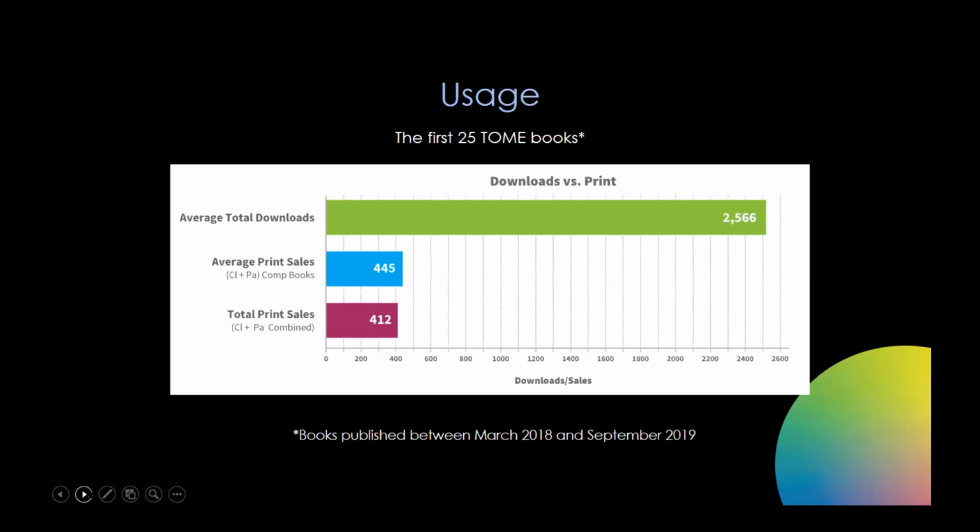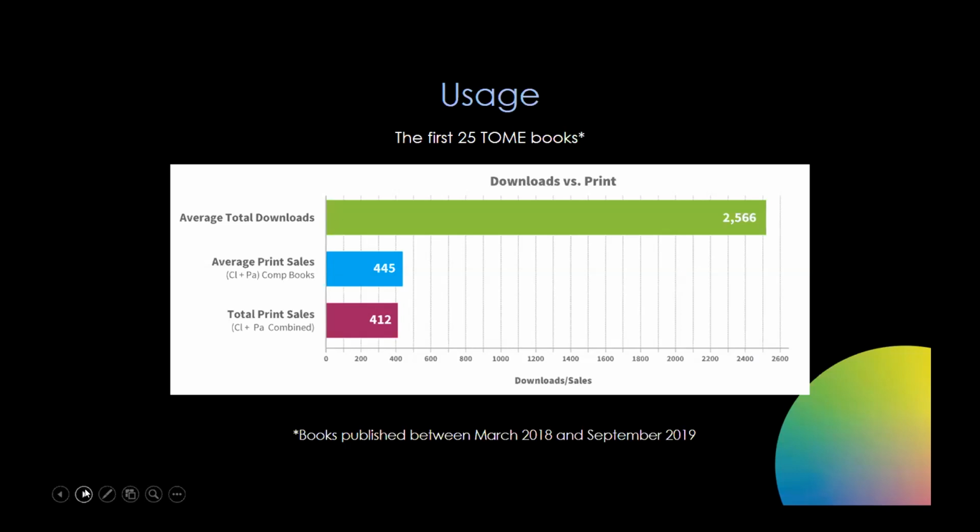So the books on average are getting over 2,500 downloads, and the print sales are averaging around 400 or 445. And that bottom line is what the average comparable sales are for books that are non-OA. So there's a slight dip in the number of sales, but not significantly.